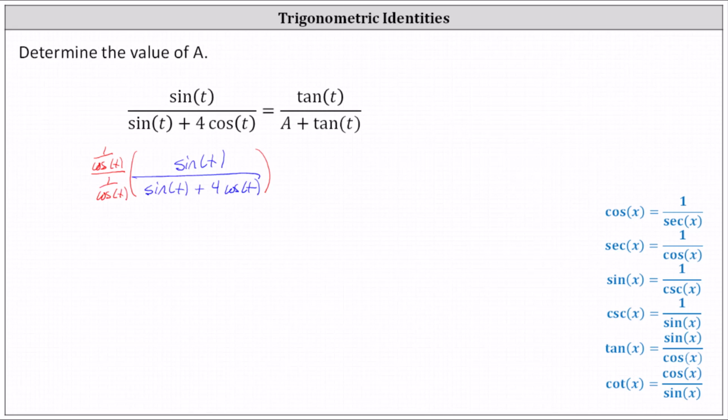Multiplying in the numerator, we have sine t divided by cosine t. In the denominator, multiplying by 1 divided by cosine t, we have another sine t divided by cosine t, and then plus 4 cosine t divided by cosine t.